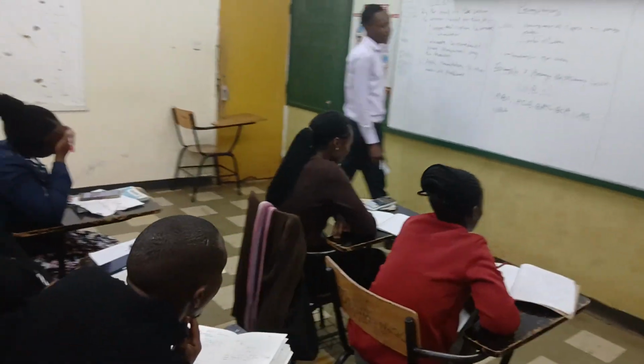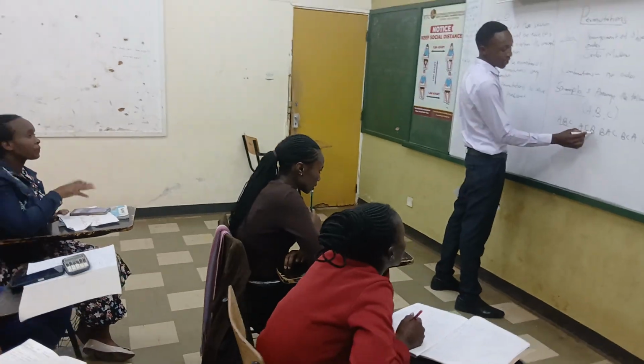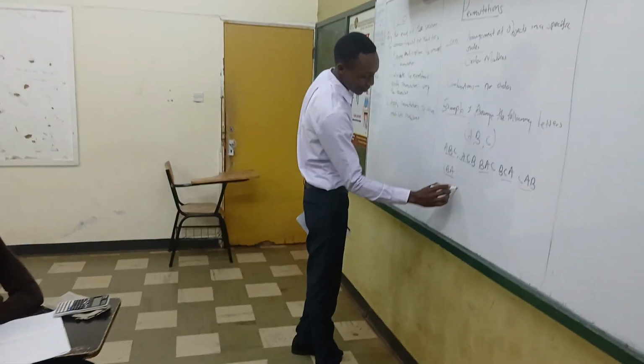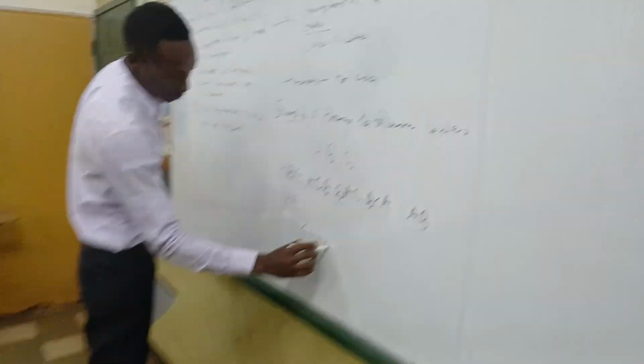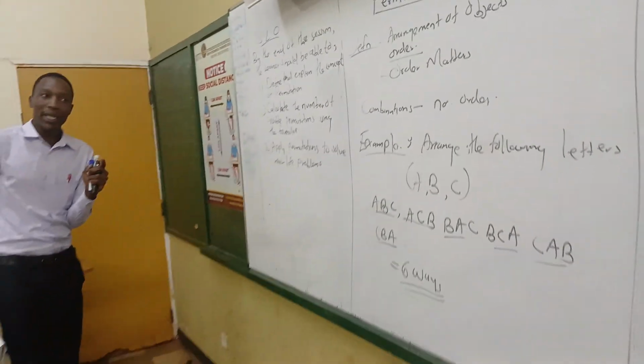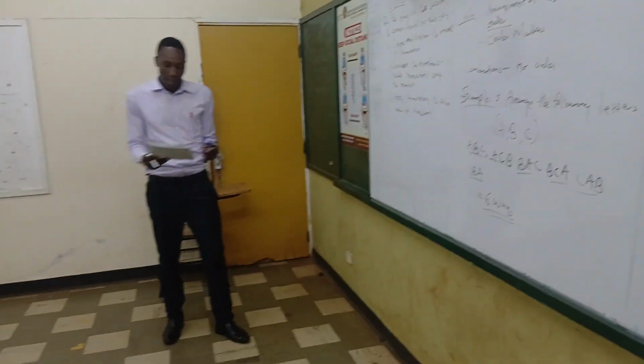No. So how many ways have we arranged? We have 1, 2, 3, 4, 5, 6. We have 6 ways to arrange these letters without repetition.